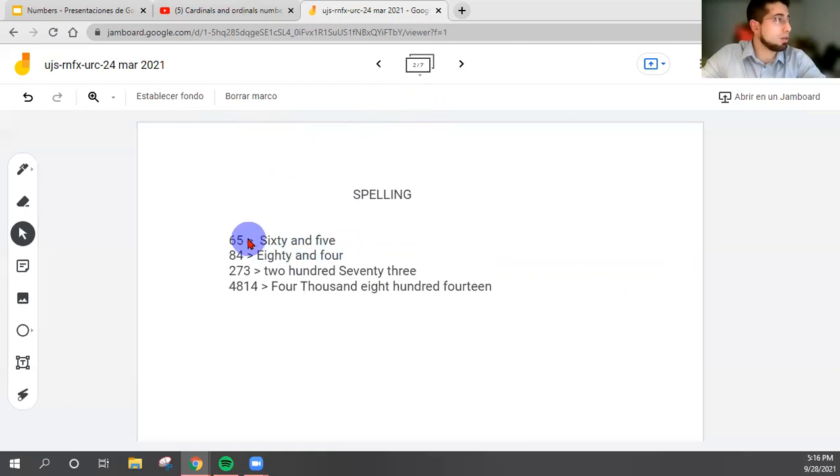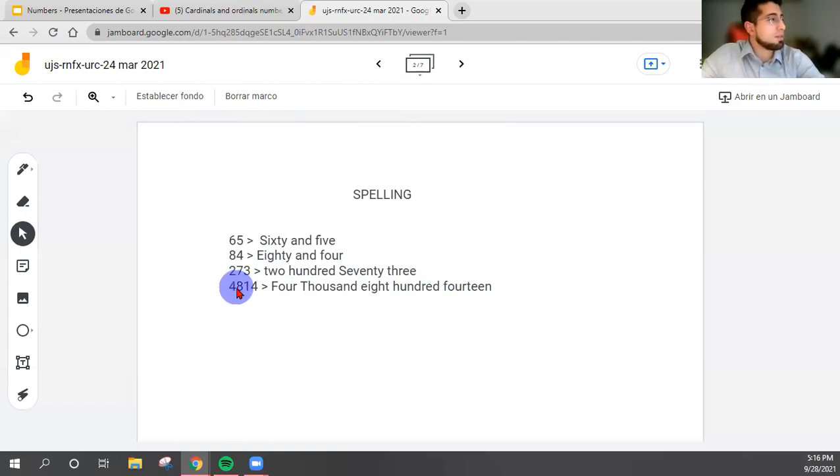So we say, I don't know, I have 65 cards, right? Tengo 65 cartas. I have 84 friends, 84 amigos. We have 273 albums or photos, right?